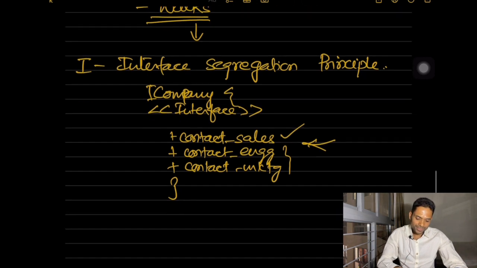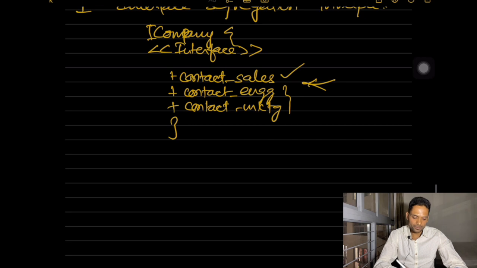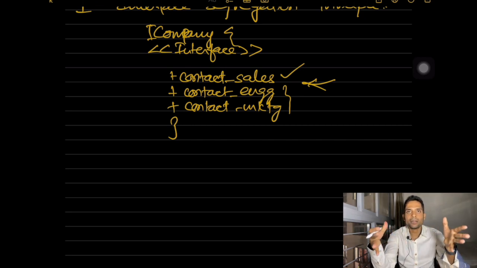So what we do instead is break this one big interface into three separate segregated interfaces.